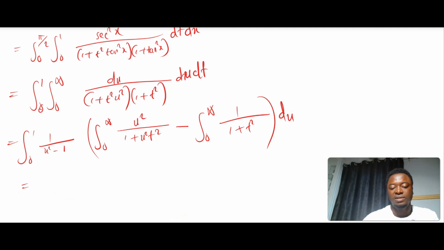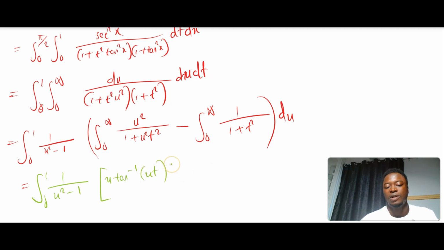Then next up you have the integral from 0 to 1 of 1 over t squared minus 1. Then this side here is going to become tan inverse of ut over t, and over here this is going to become tan inverse of u, and everything is from 0 to infinity.